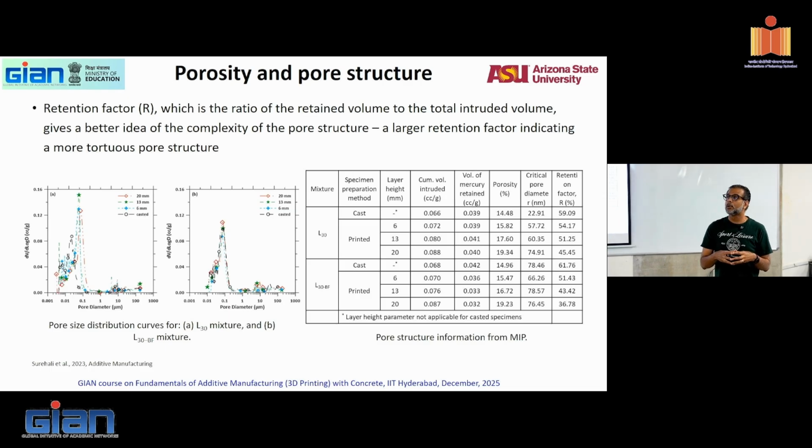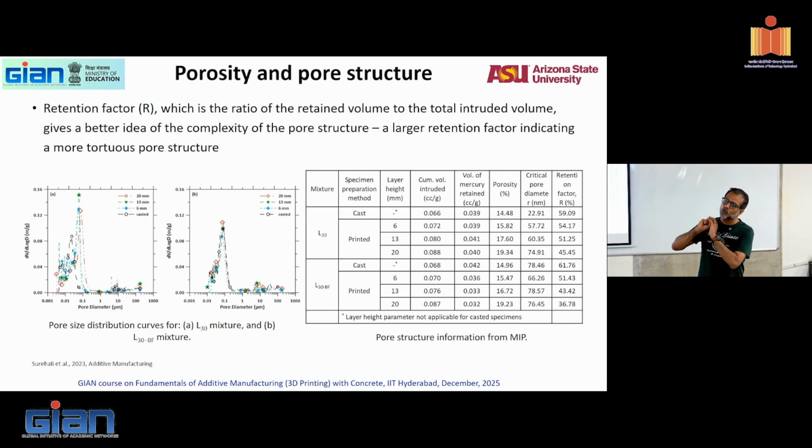All of you know that mercury is a liquid metal, but it will not wet the surface, which means the surface of concrete will not absorb mercury. If I try to squeeze water into it and want to measure how much water goes in, I can't measure it because concrete absorbs water. Whereas mercury will not be absorbed.